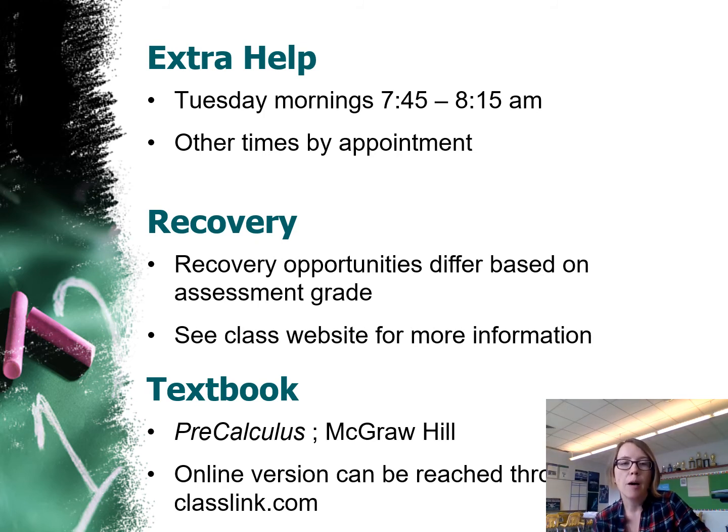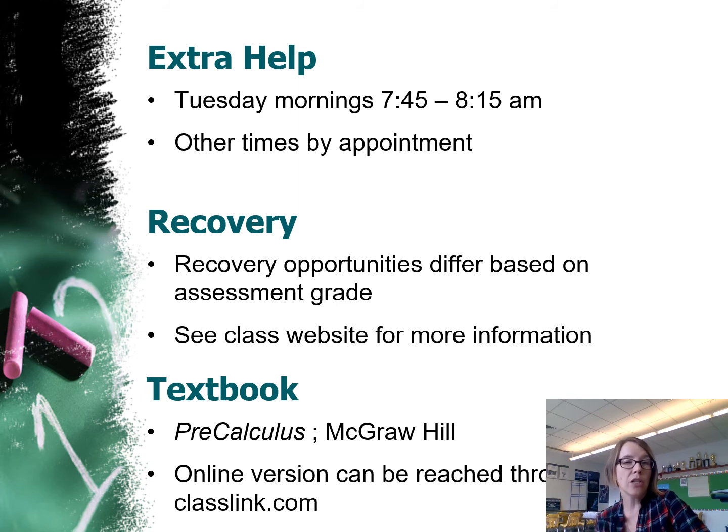Our textbook is from McGraw-Hill. It is available on ClassLink. There is an online version. The students can go into ClassLink and they're going to look for the McGraw-Hill icon. It's red and white, and they can go in there and have access to the online textbook if they need it.